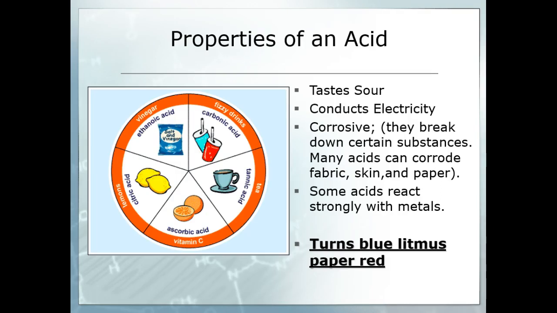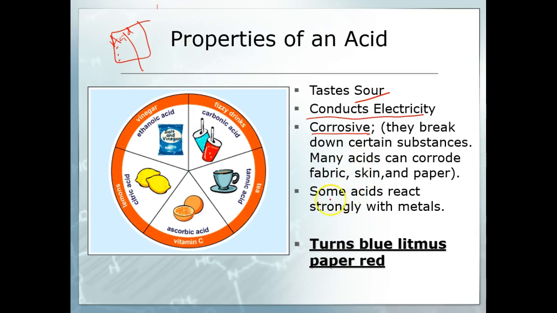Okay, so here are some simple properties to write down in bullet statements. So again, here's your paper. You're on the acid side. You're going to just kind of bullet these statements right here. One of the things that you need to know is they are sour in taste. They do conduct electricity. They're very corrosive.